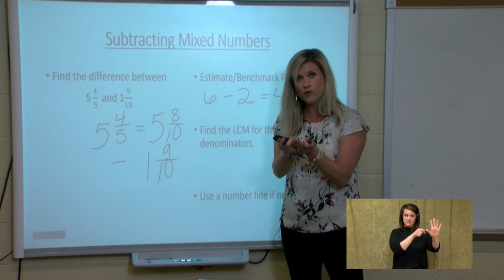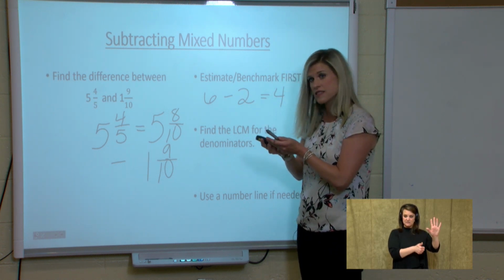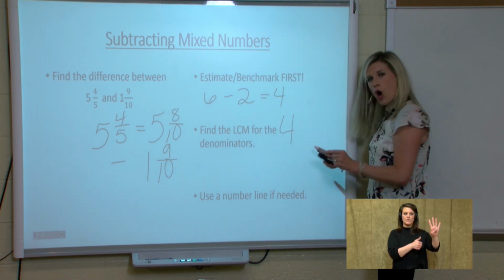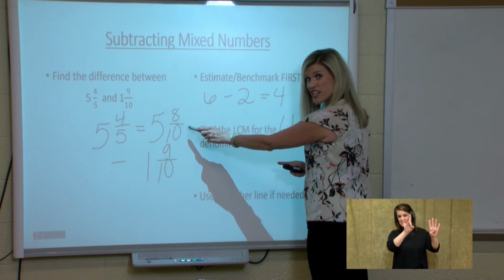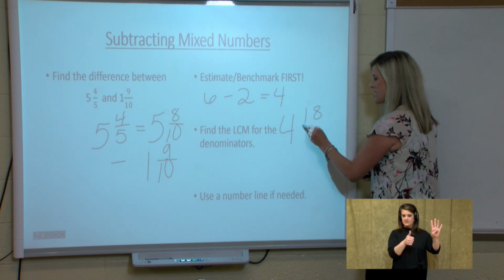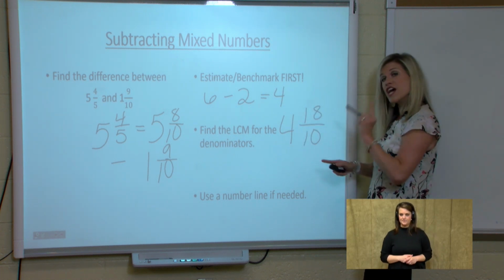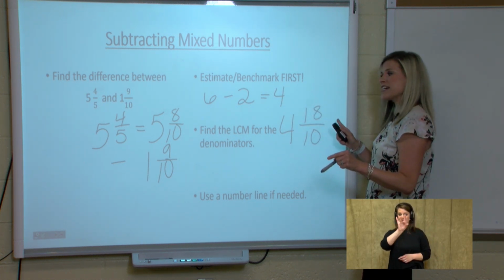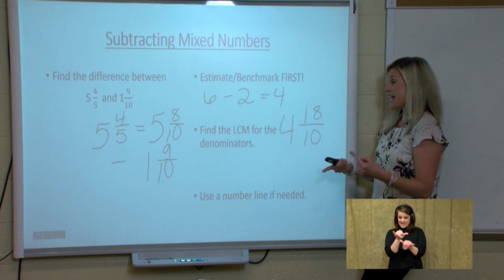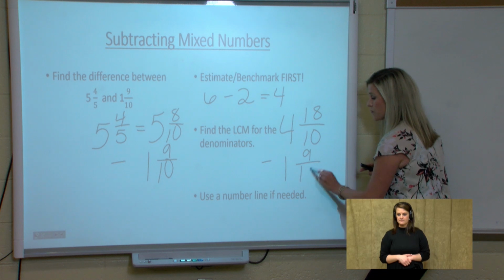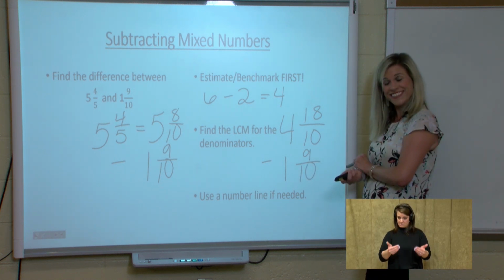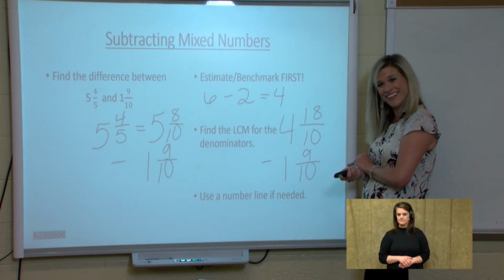What's 5 wholes minus 1 whole? It's 4 wholes. And if I give those 10/10 to this fraction, it becomes 18/10. 4 and 18/10 is the same thing as 5 and 8/10. Now, can I subtract? Yes, I can.